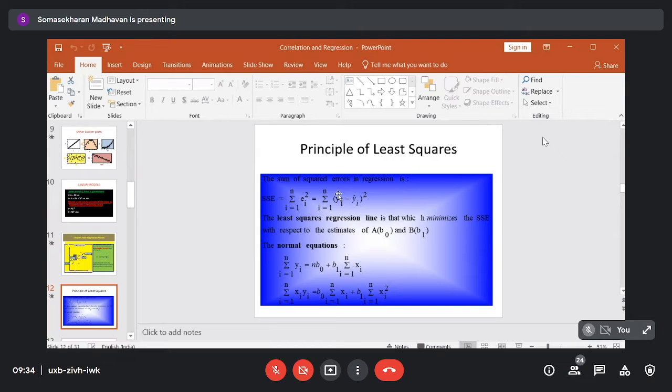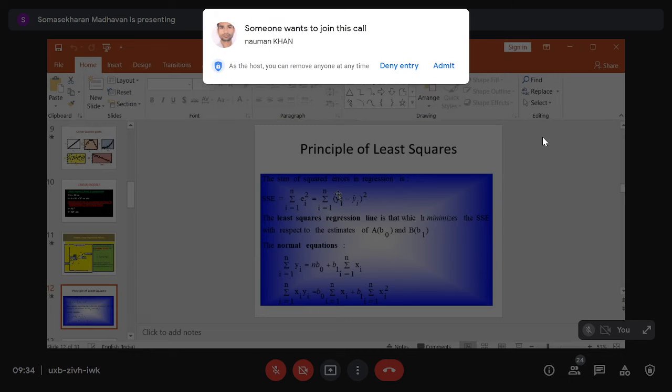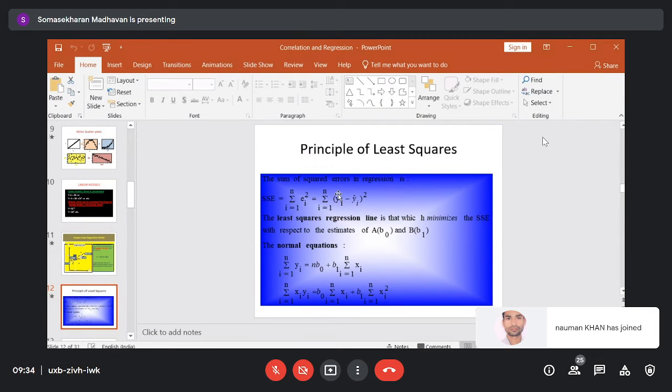The values of A and B which minimize the sum of squares are called the best estimates of the parameters, and this is the principle of least squares. So the least squares regression line minimizes the SSE, which is defined here, with respect to the estimates of A and B.